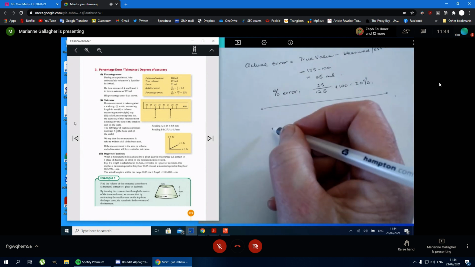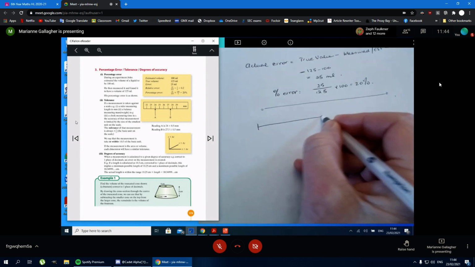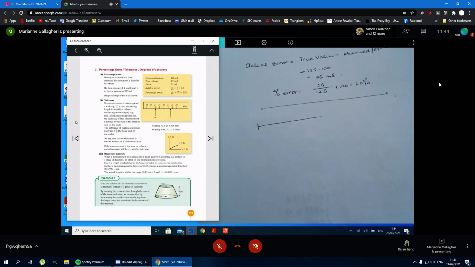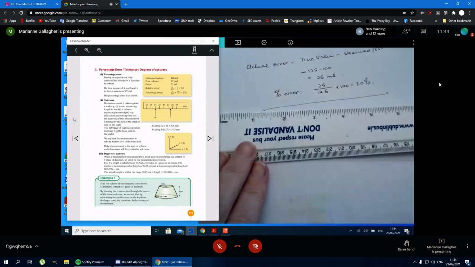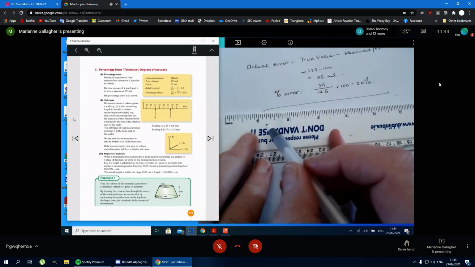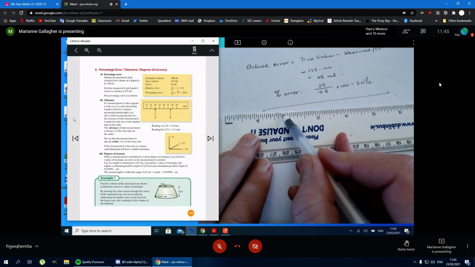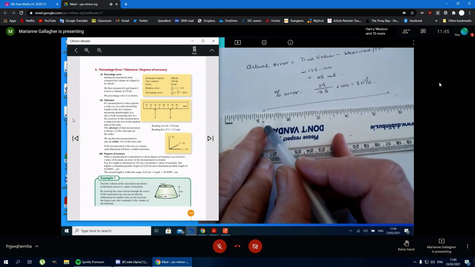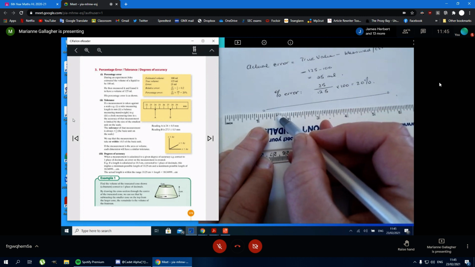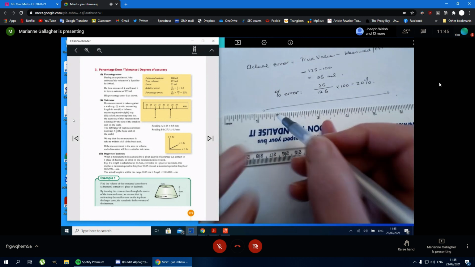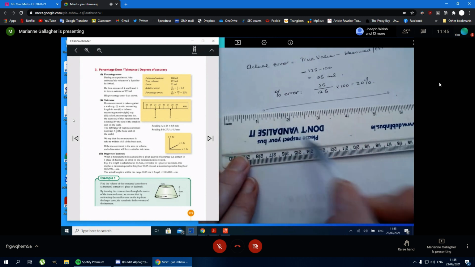So you look at the smallest unit you're measuring. If I was measuring this on the inches here, and that's split into 1, 2, 3, 4, 5, 6, 7, 8, 9, 10, 11, 12, 13, 14, 15, 16, my tolerance, any measurement I make, would be within 1/16 either side of that, because that's the smallest measurement there.